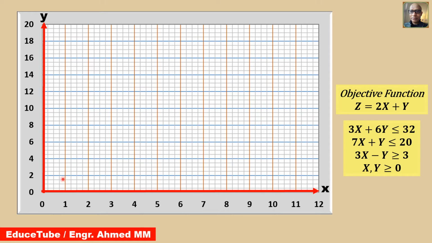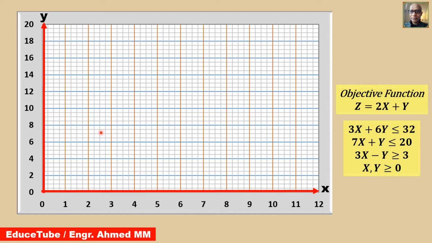Then we will plot the objective function. Once we finish the objective function, then we will try to find the visual optimal solution. Then at the end we will find the algebraic optimal solution.